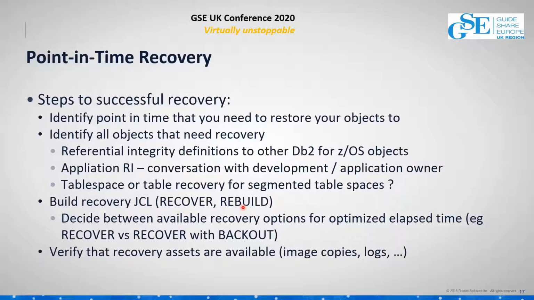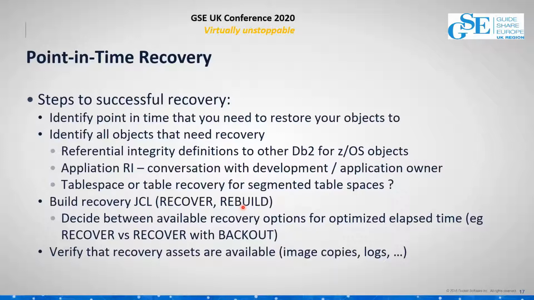Then they had to identify all the objects that had referential constraints defined based on that contract table that was just erased. And you can easily tell that the complexity can grow exponentially the more objects are involved here.